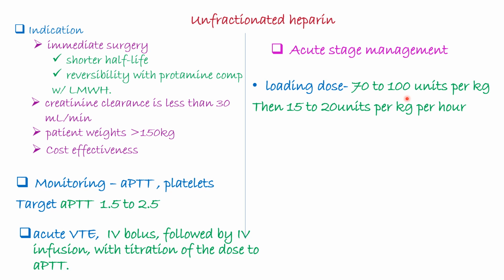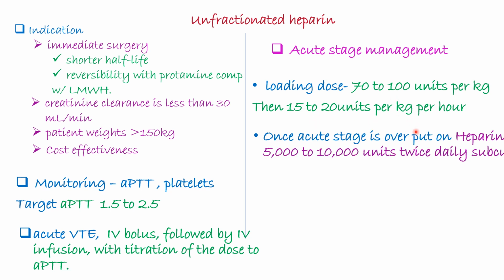A normal human being is approximately 70 kg, so you multiply by the weight in kgs. Then 15 to 20 units per kg per hour. When the person is out of the acute stage, we put on heparin 5,000 to 10,000 units twice daily, usually subcutaneously. As we said before, the target of our APTT is 1.5 to 2.5.